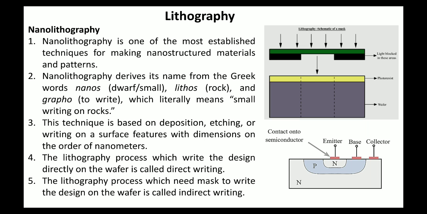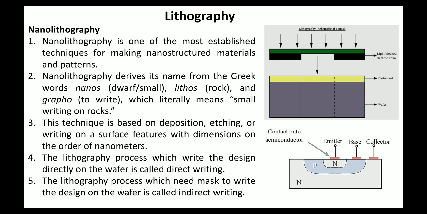You can use a particular pattern so that on some part of the photoresist the light is illuminated, and on another part the light is not illuminated, it gets blocked by the mask. So this is the important thing you need for the lithography process.